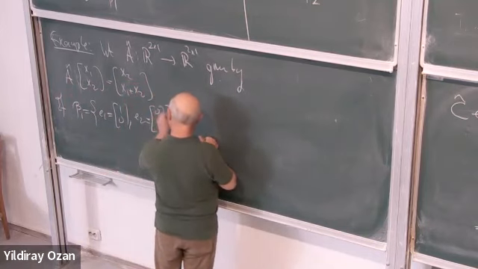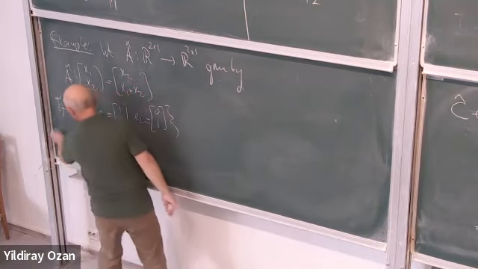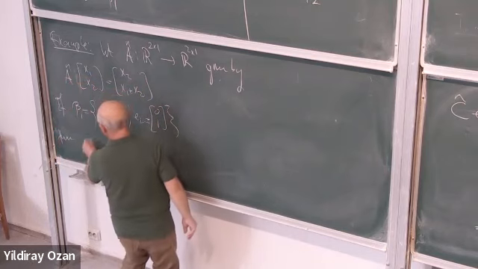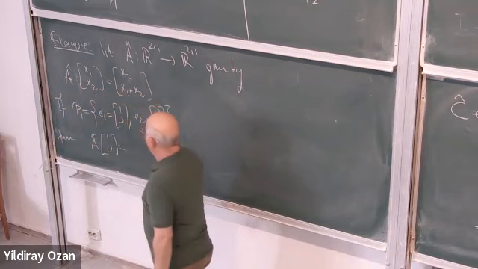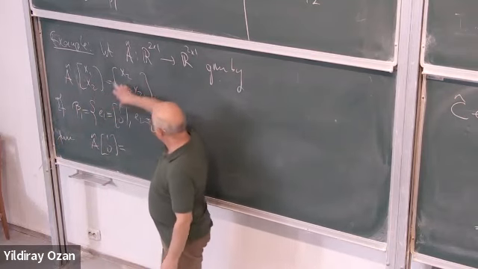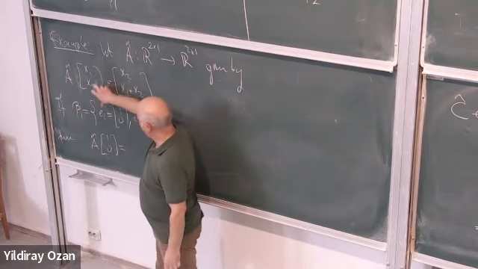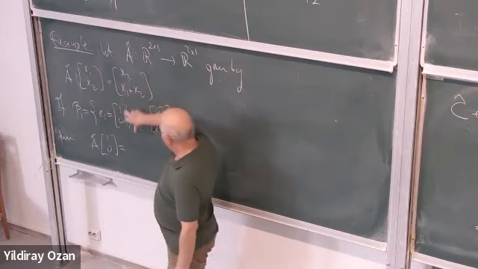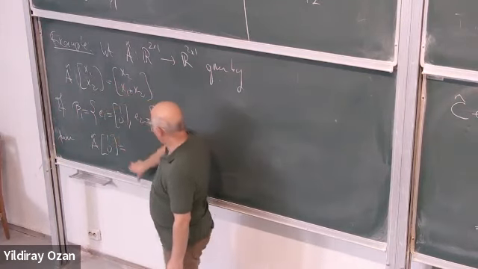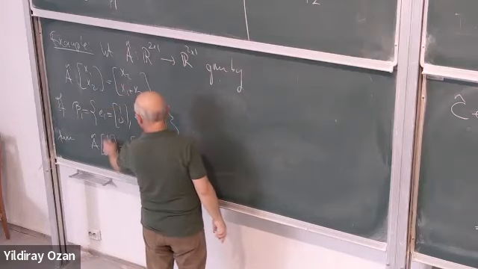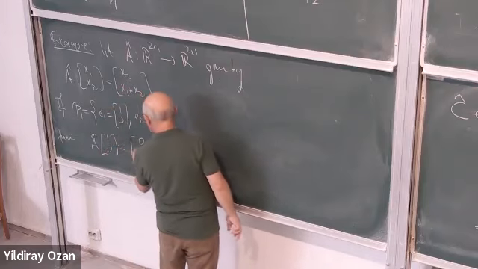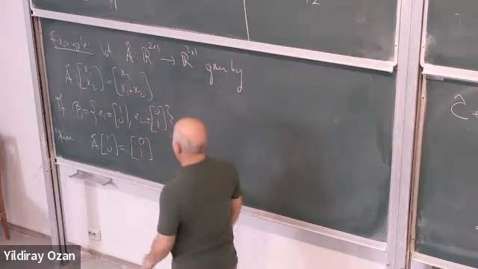0, 1, then of course, what is A hat of 1, 0? So what does this do to a basis vector? It takes this element up here and takes the image right here. And what is this?